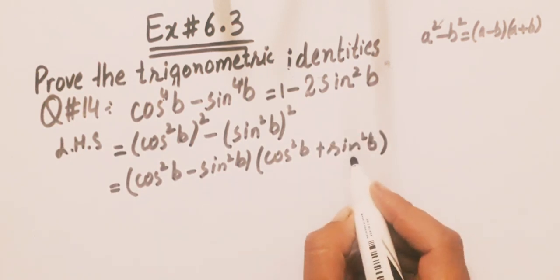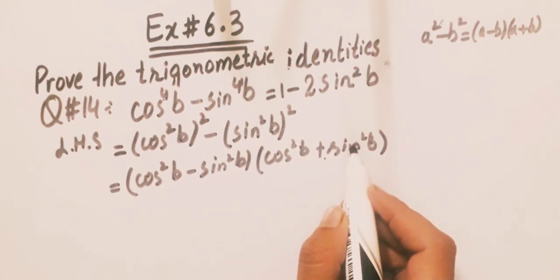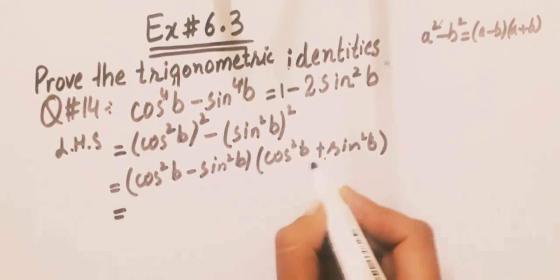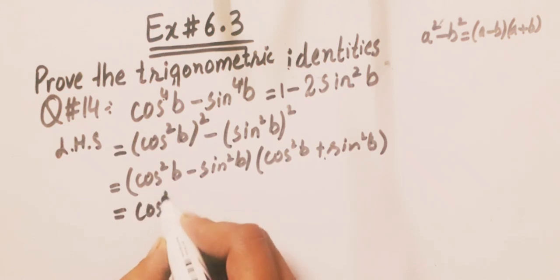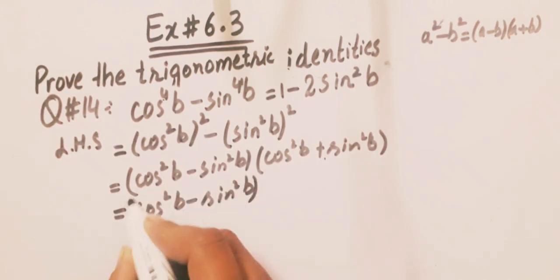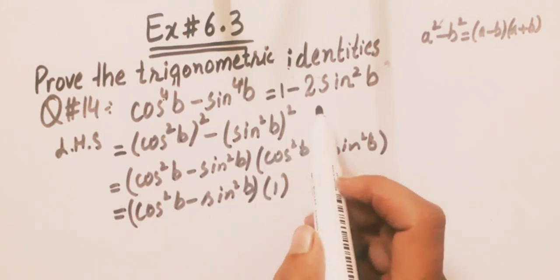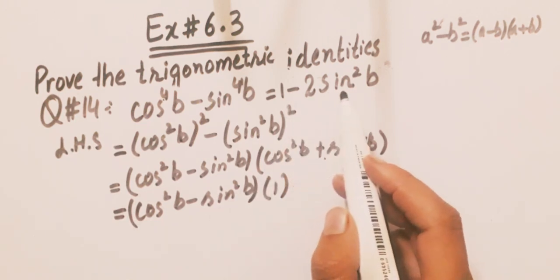Now cos square b plus sin square b is equal to 1. So we will have just cos square b minus sin square b into 1. Now in the right hand side we have 1 minus 2 sin square b.